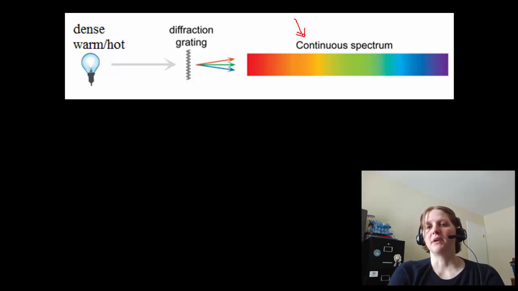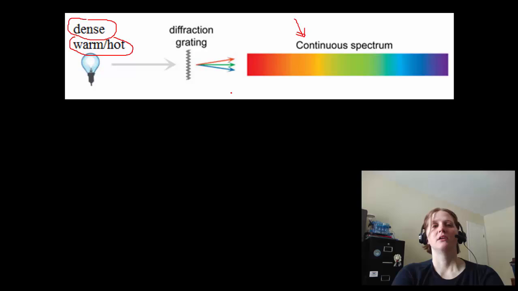When that is made out in space, it's because of 2 things. You have something dense, and that dense object is warm enough or hot enough to glow visible light. So you need something dense, and it has to be hot enough to glow. When you have those 2 things, it should make a continuous spectra of light to give off all the colors.